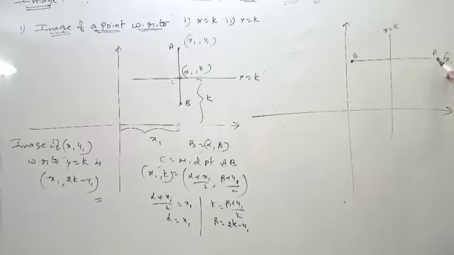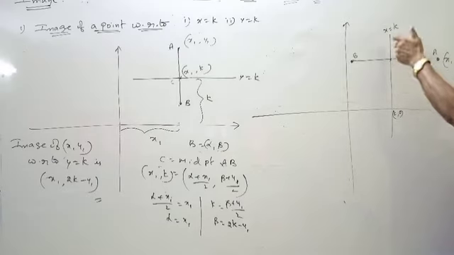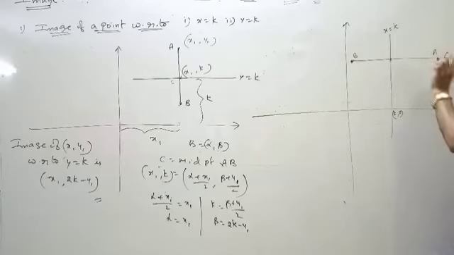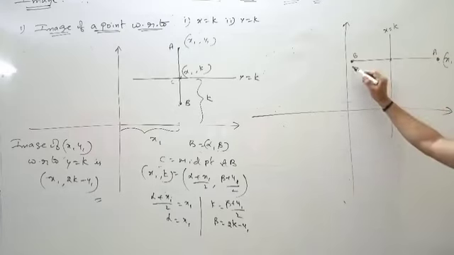So what does this point x1 y1 mean? x is equal to k means anywhere on this line the x value is equal to k. Tell me, what is this point on this line? k, right? Correct? We have to find the image of this point with respect to this line. This point falls here. I have to find it, so let it be alpha, beta.